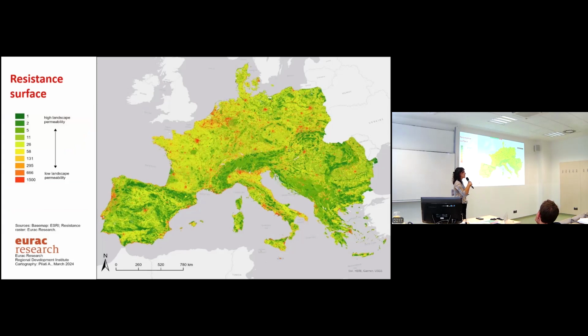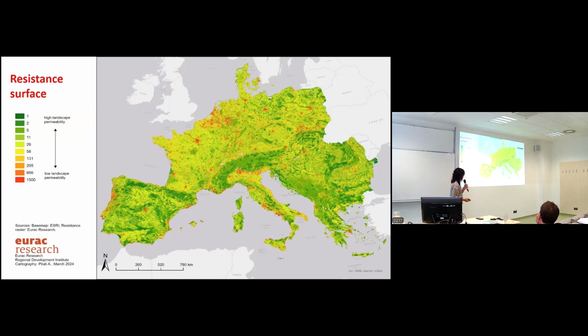And after this kind of analysis, we calculated a resistance surface, which is a matrix with the cost values for each cell. The range here changes, but we can go into detail later if you want, on how we use that to calculate the corridor.